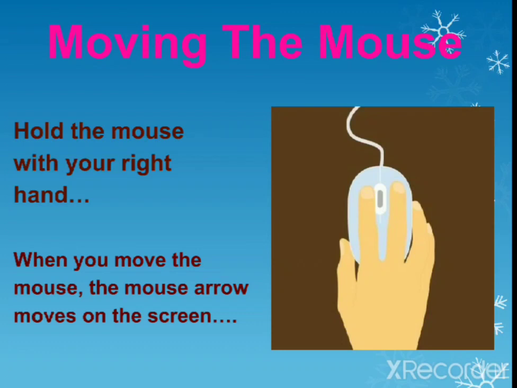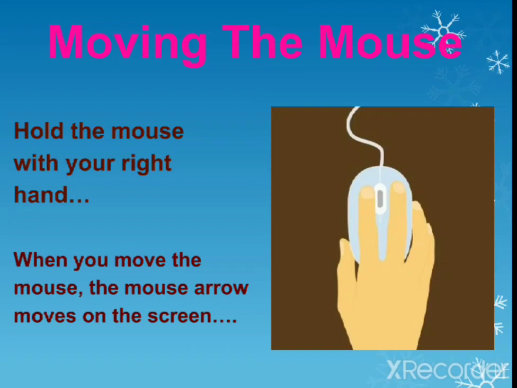When you move the mouse, the arrow moves on the screen. When you move the mouse to the right side on the mouse pad or on the table, you will find that there is an arrow on the monitor which also moves on the screen.